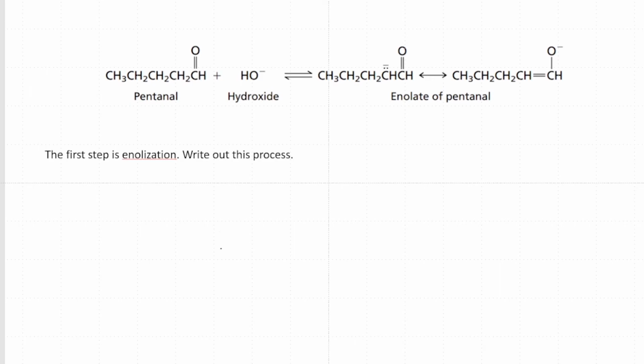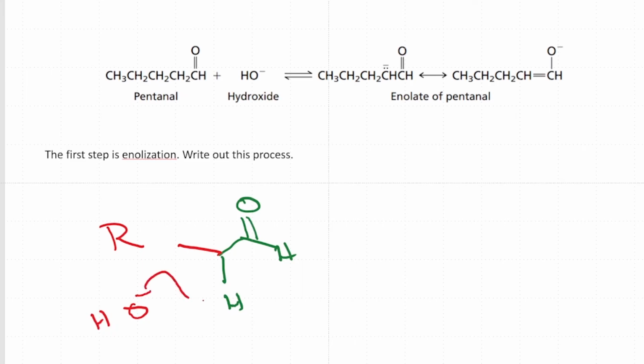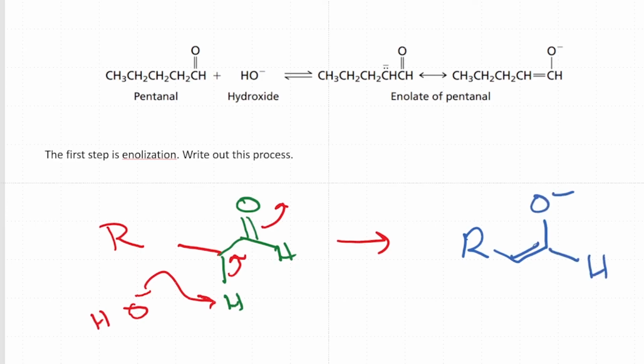In order to draw that out, if I assume that this is the aldehyde and here is a hydrogen, so you have R here and hydroxide attacking here and producing, to give you the enolate. This is something that we are fairly familiar with.